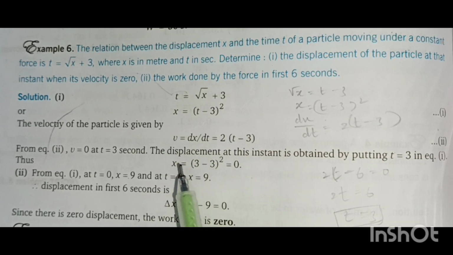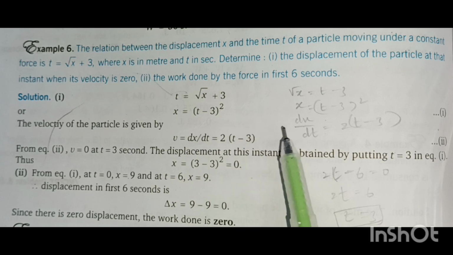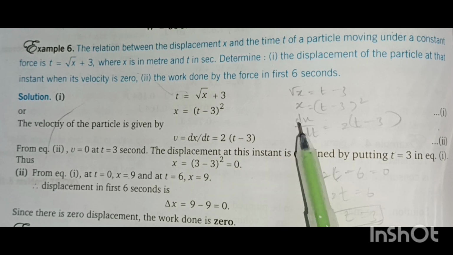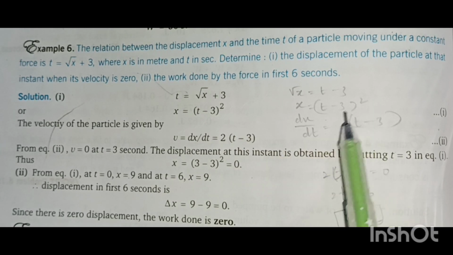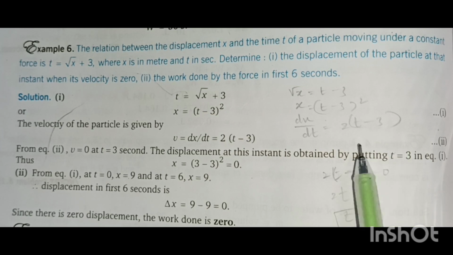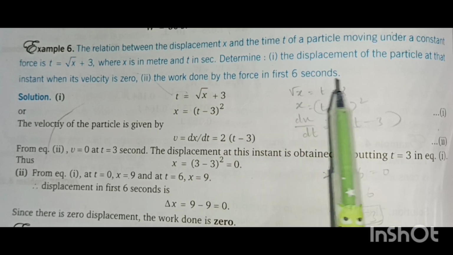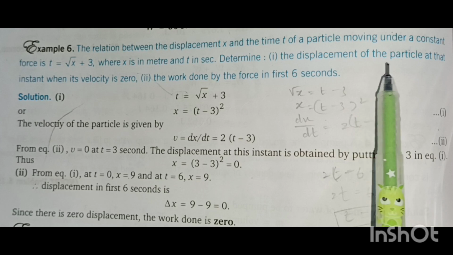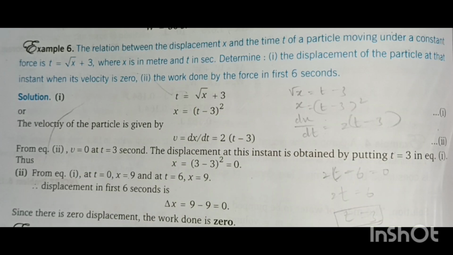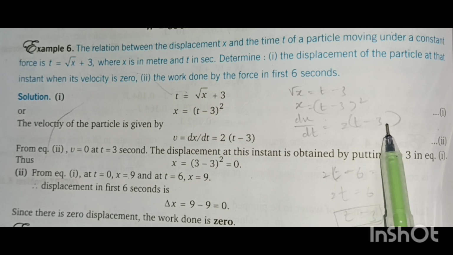What is the value of velocity? Velocity is nothing but change in displacement by time, so it is dx by dt. The answer is 2 into (t minus 3). So this is the velocity. We have to find the displacement of the particle when velocity is 0. So 2 into (t minus 3) should be 0.